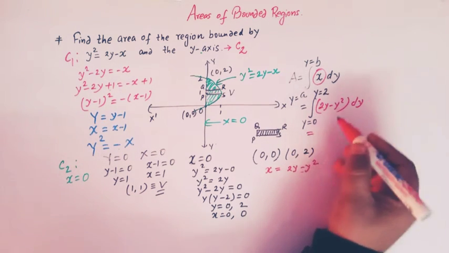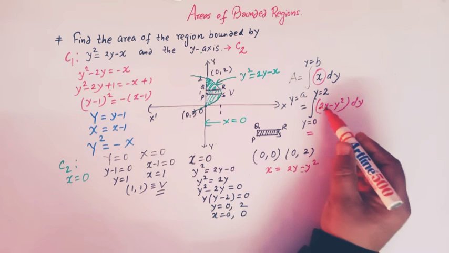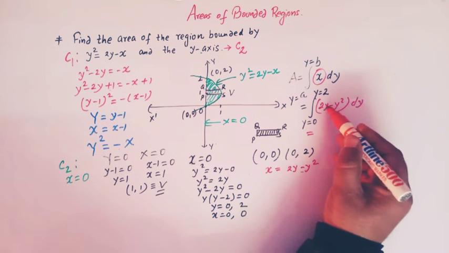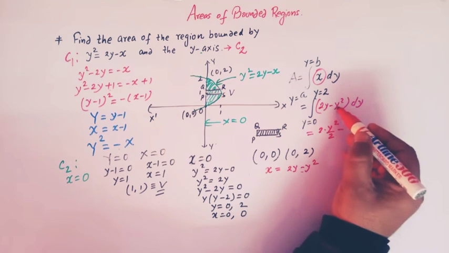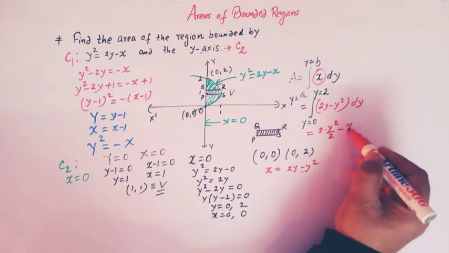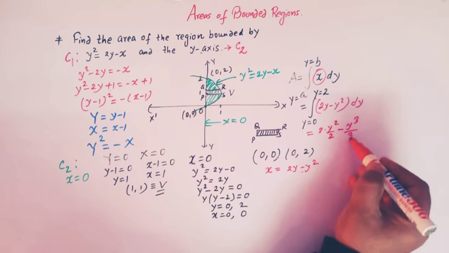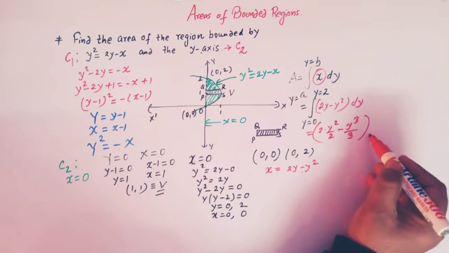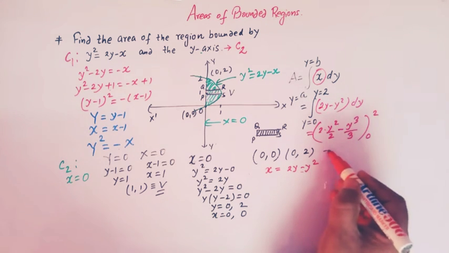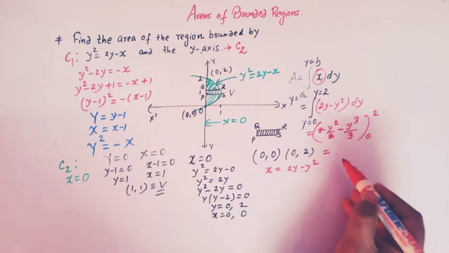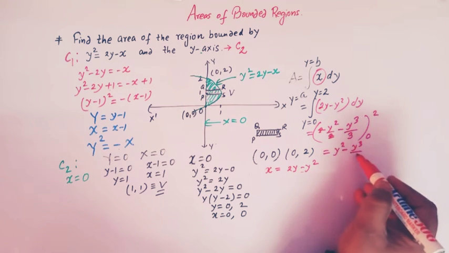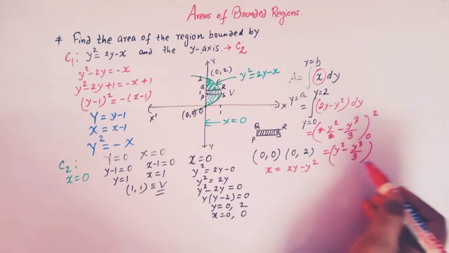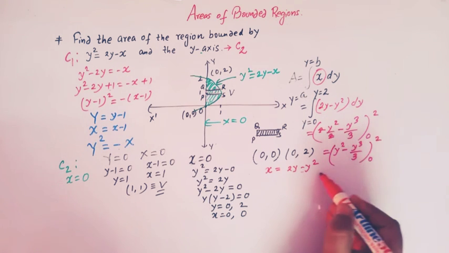Now we have a very simple integration. The integral of 2y is y square, since 2 and 2 get cancelled, and the integral of y square is y cube over 3, and the limits are from 0 to 2. We have y square minus y cube over 3, with limits from 0 to 2.